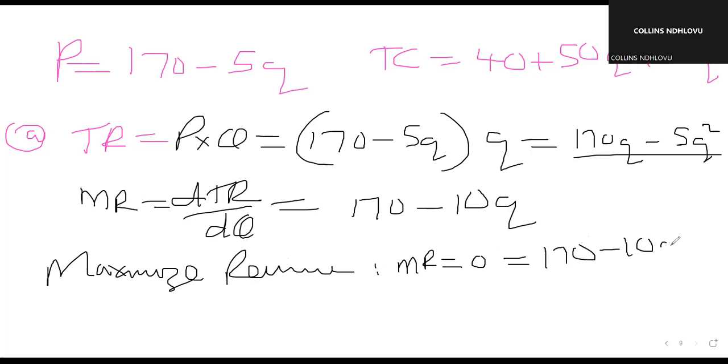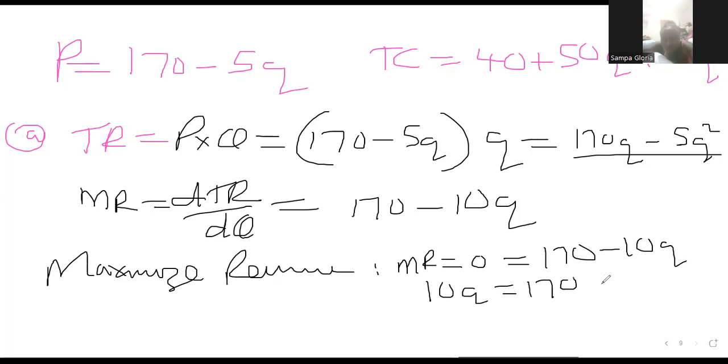So if we're going to solve for Q, what is our Q? We divide both sides by 10. So our Q becomes what?